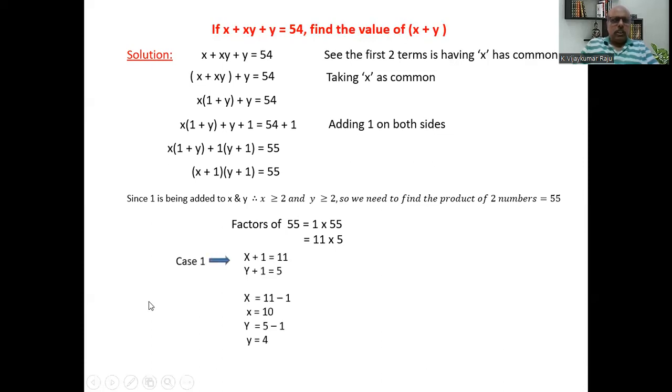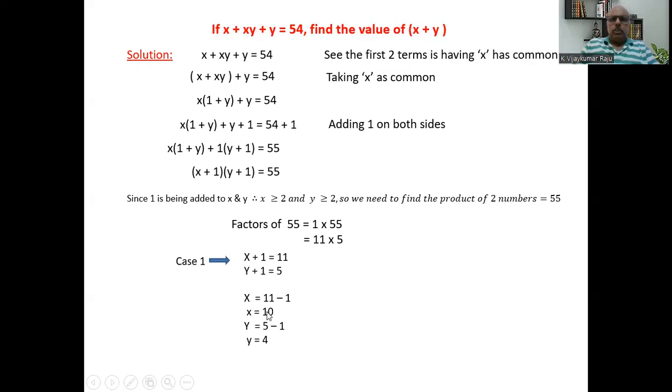So here we get two cases. Case 1: x plus 1 is equal to 11 and y plus 1 is equal to 5. So x is equal to 11 minus 1, that is 10, and y is equal to 5 minus 1, which is 4.